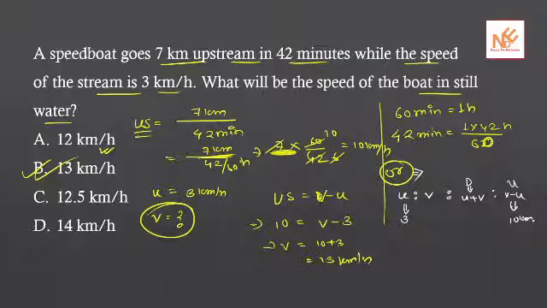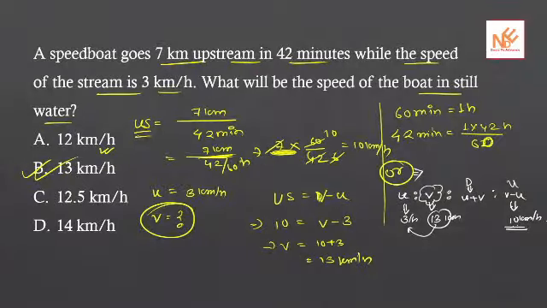How to find v? v minus u equal to 10. Which number should we consider for v, so that if we subtract u from v, the result is 10? It is 13. This is the direct approach: 13 minus 3 equal to 10.